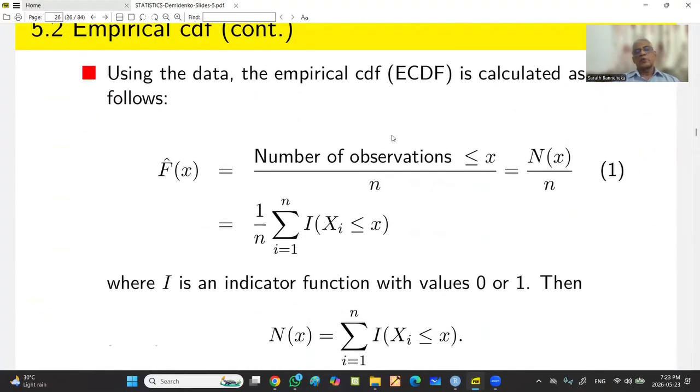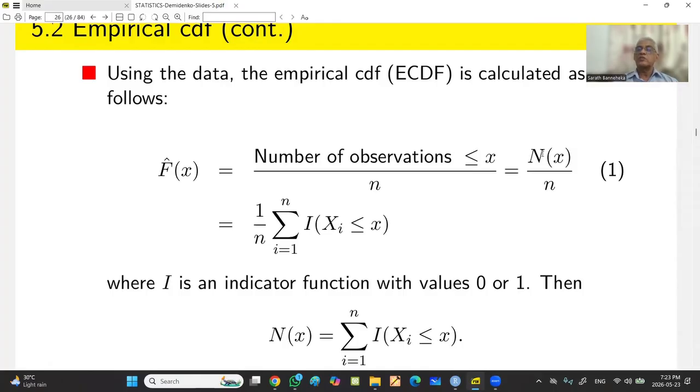F at x is the number of observations less than or equal to x, but here I denote it by capital Nx. So here what I mean is before really getting the data, we can define a random variable, the number of observations in my sample, which will be less than or equal to x. So that is a random variable.